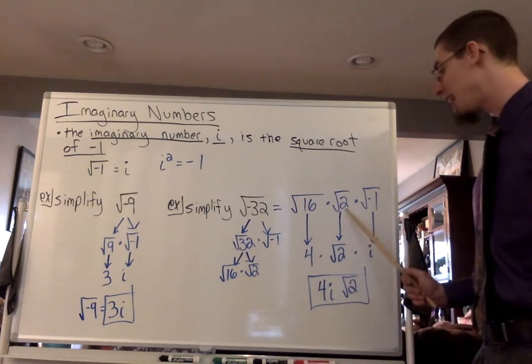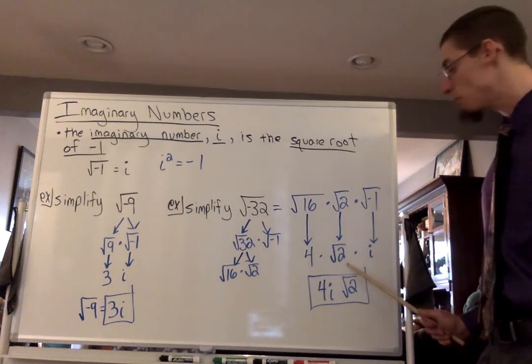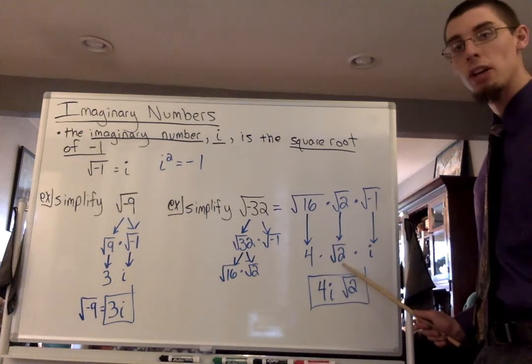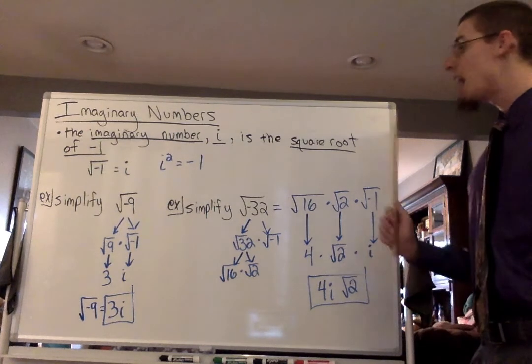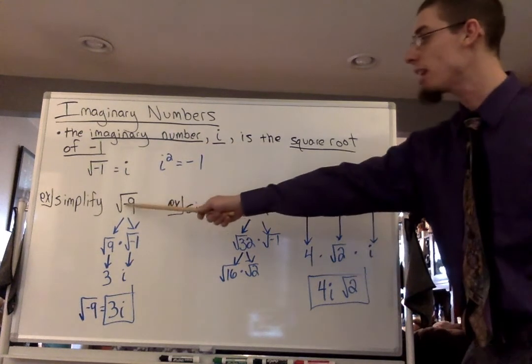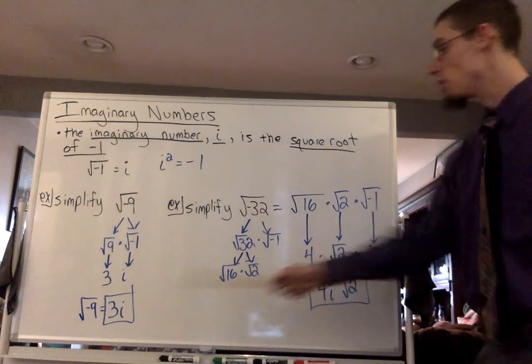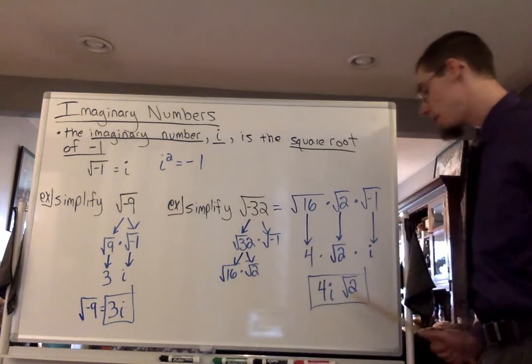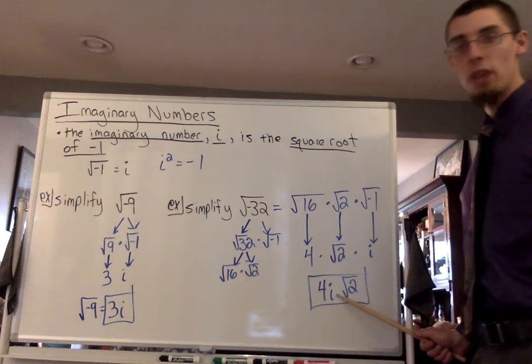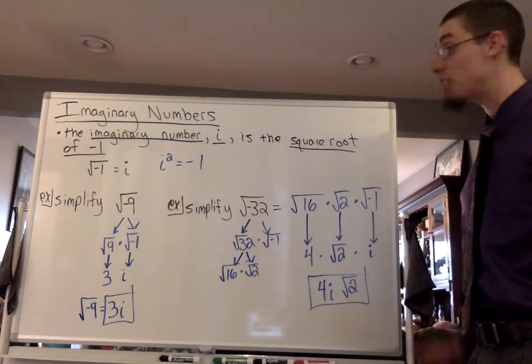If the number does not have any square roots, then you just leave it under the square root. Anytime you're taking a square root of a negative number, you're going to have an i in your answer, the imaginary number i.